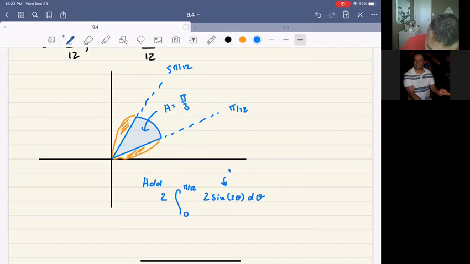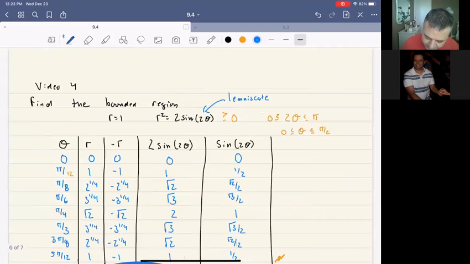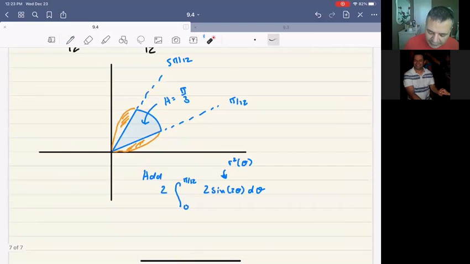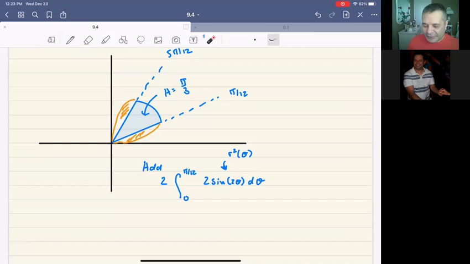This is, remember, r squared of theta, right? Now this is still not our total answer. Okay, so let's call this 2 times A1. So this is A1. This is A1. We also have the whole entire thing over on the other side.